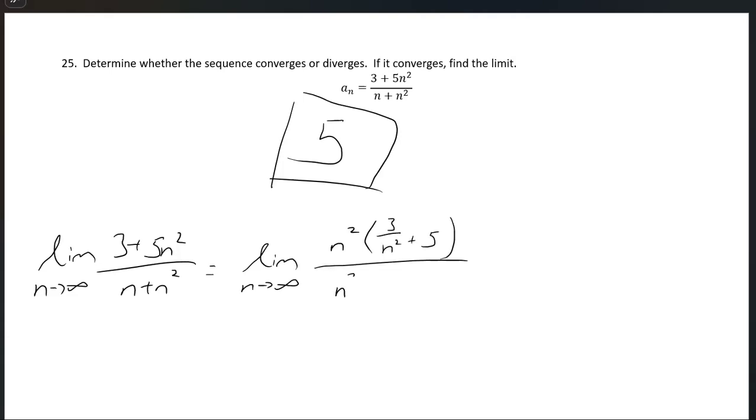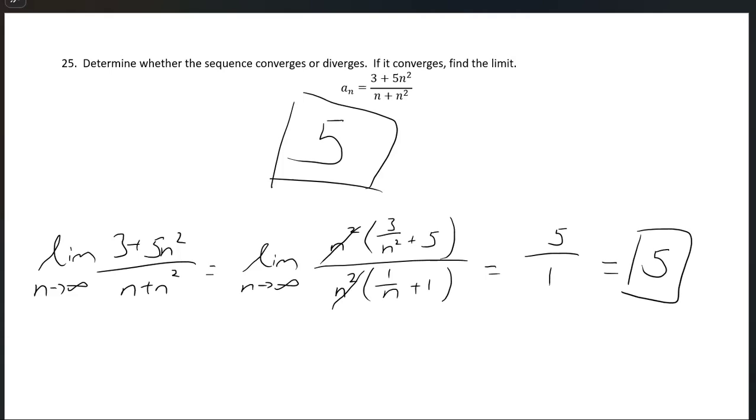And n squared is also the biggest degree on the bottom, so we get n squared times 1 over n plus 1. These n squareds cancel. Now if we take the limit, 3 over n squared goes to 0. We're left with 5 on top. 1 over n goes to 0, and 1 remains. So this is 5. Same answer.